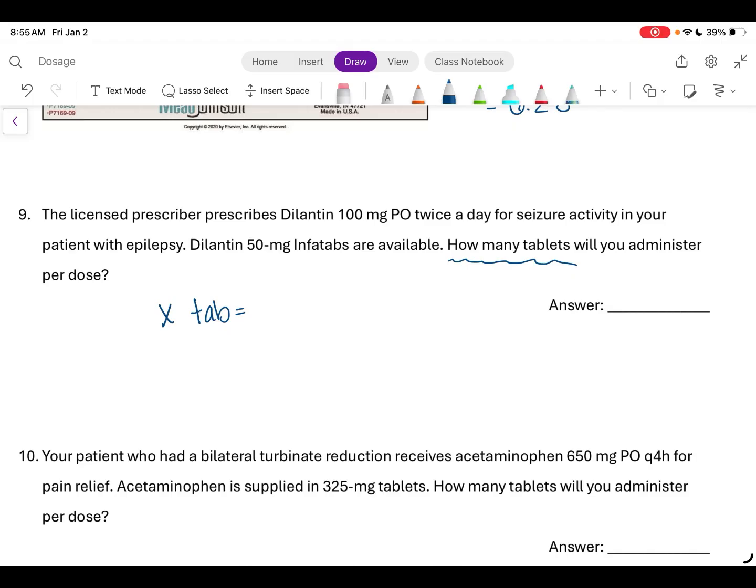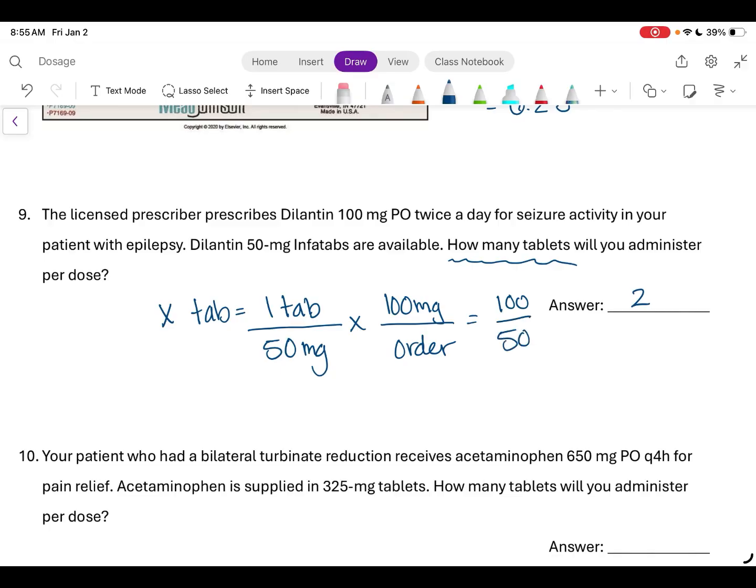You could just read this question and figure out that it's 2, which is correct. 1 tab is 50. Your order is 100. Divided by 50 is 2. And again, every single question just says per dose.